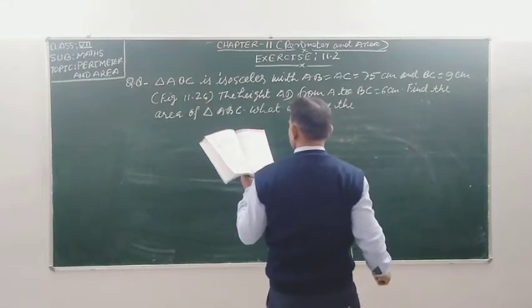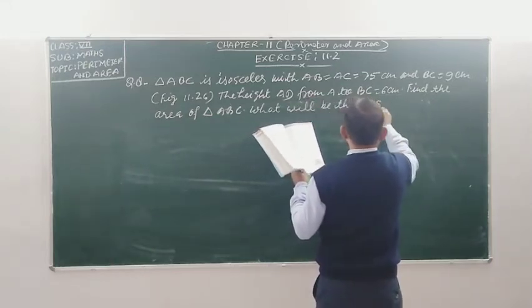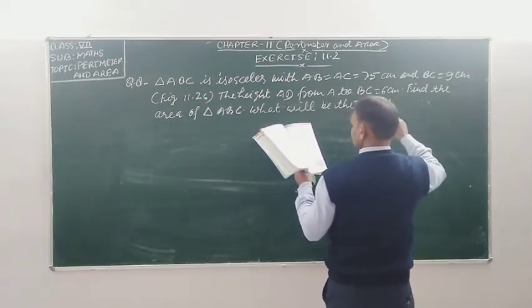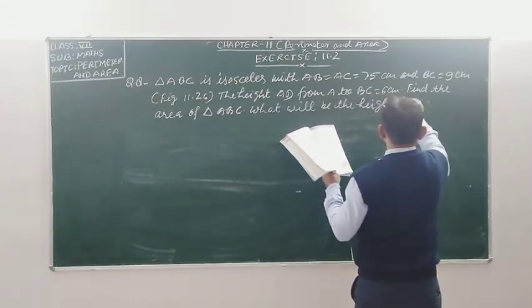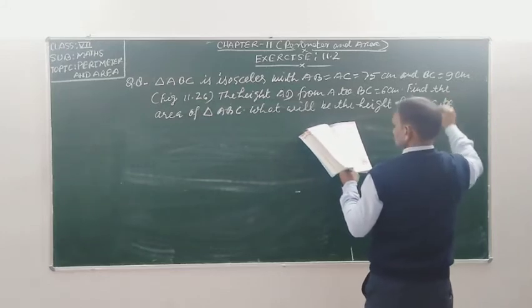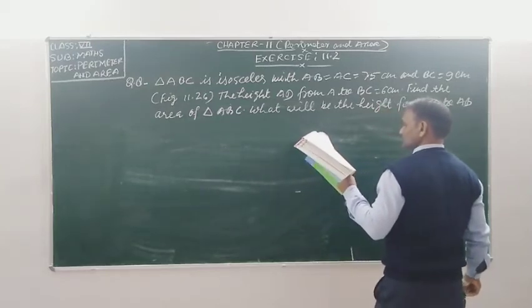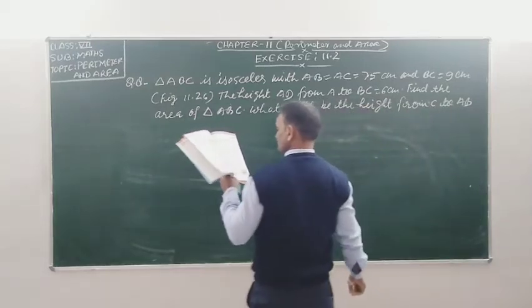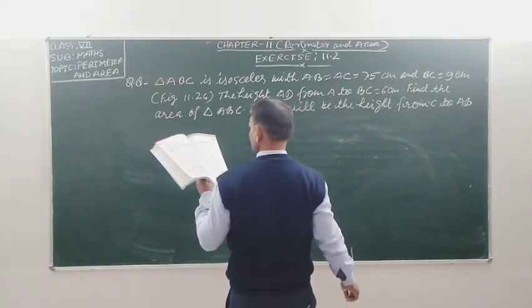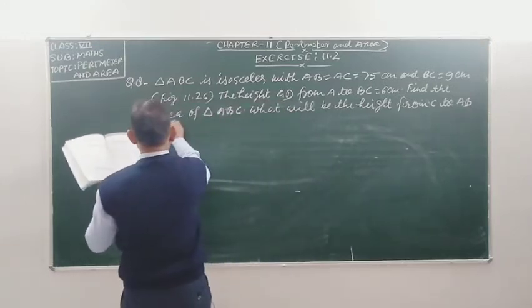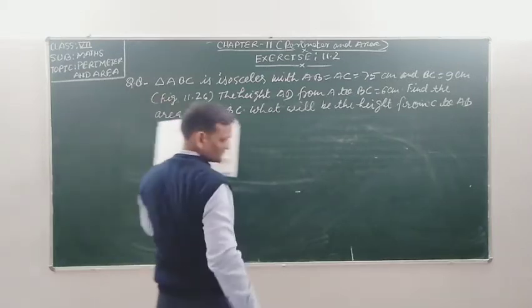What will be the height from C to AB? Is that CE?